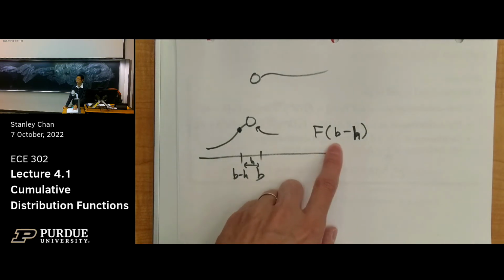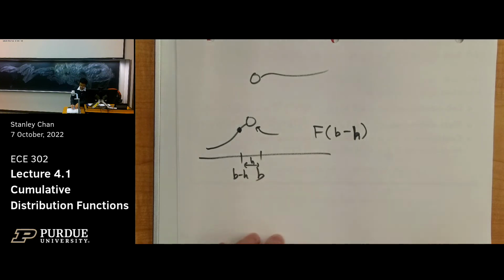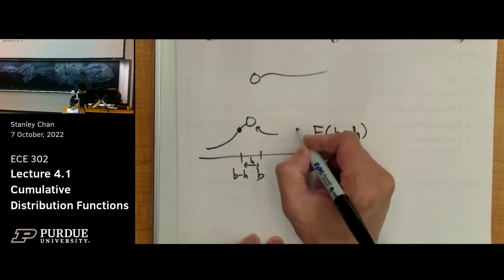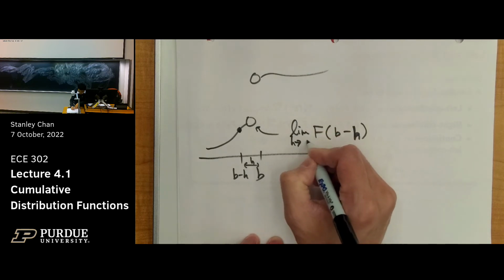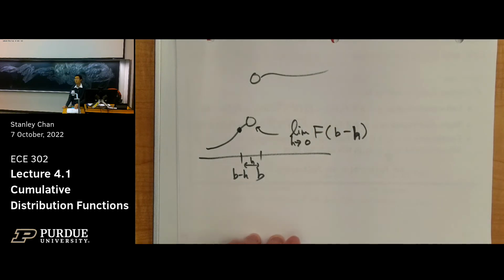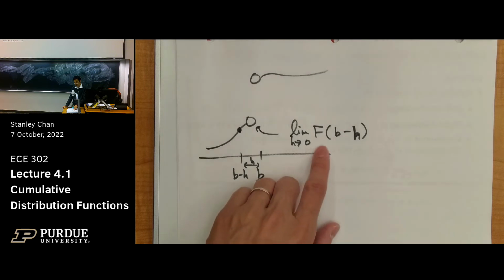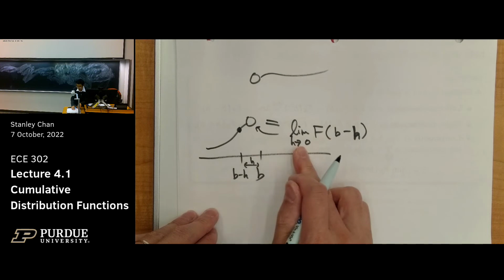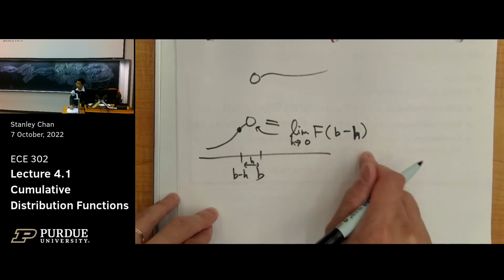Now I want to calculate the value of this point. Of course, I just take the limit of h going to 0. So this value is the limit of f of b minus h.